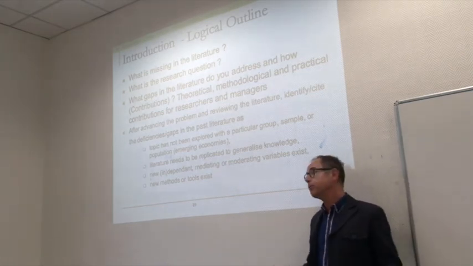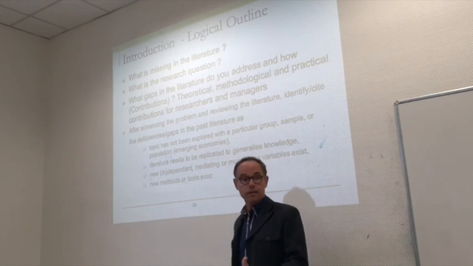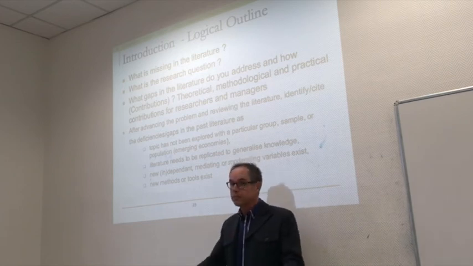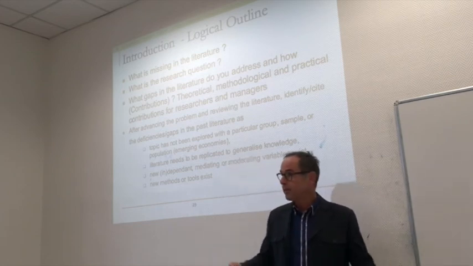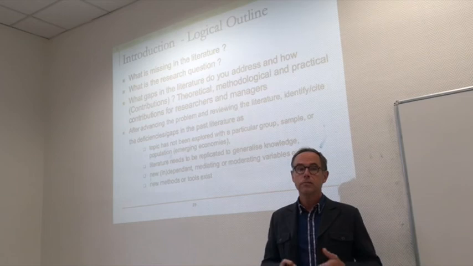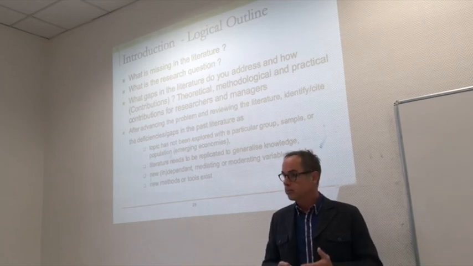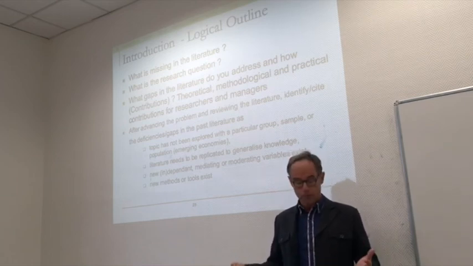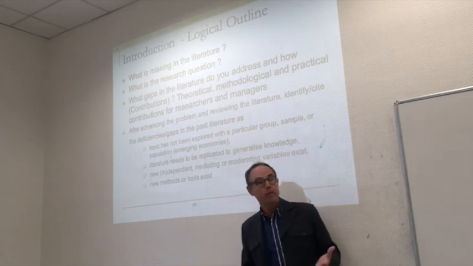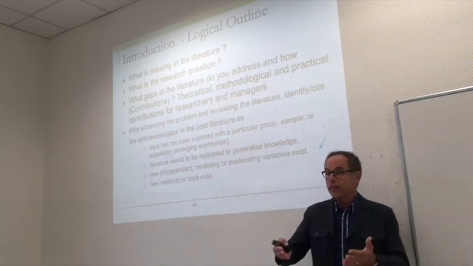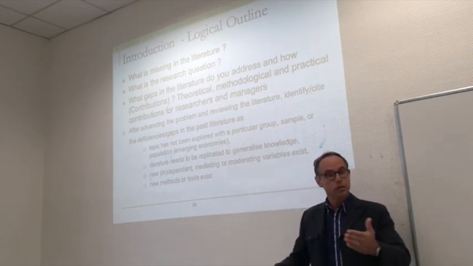After reviewing the literature, identify the deficiencies and gaps in the past literature, such as a topic that has been explored, for example, with a particular population. So we can replicate a study in emerging economies. Literature needs to be replicated to generalize knowledge, so replications are important.